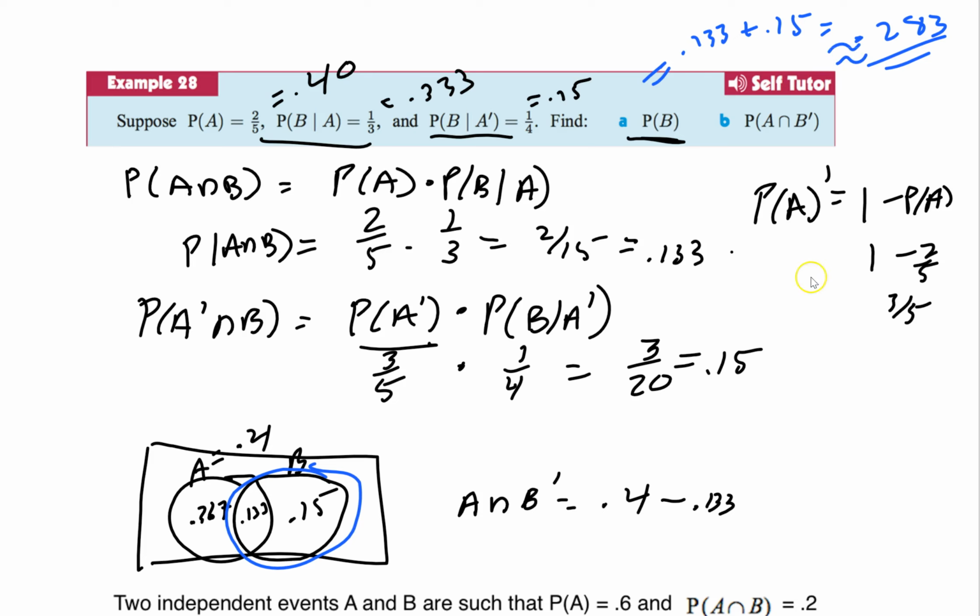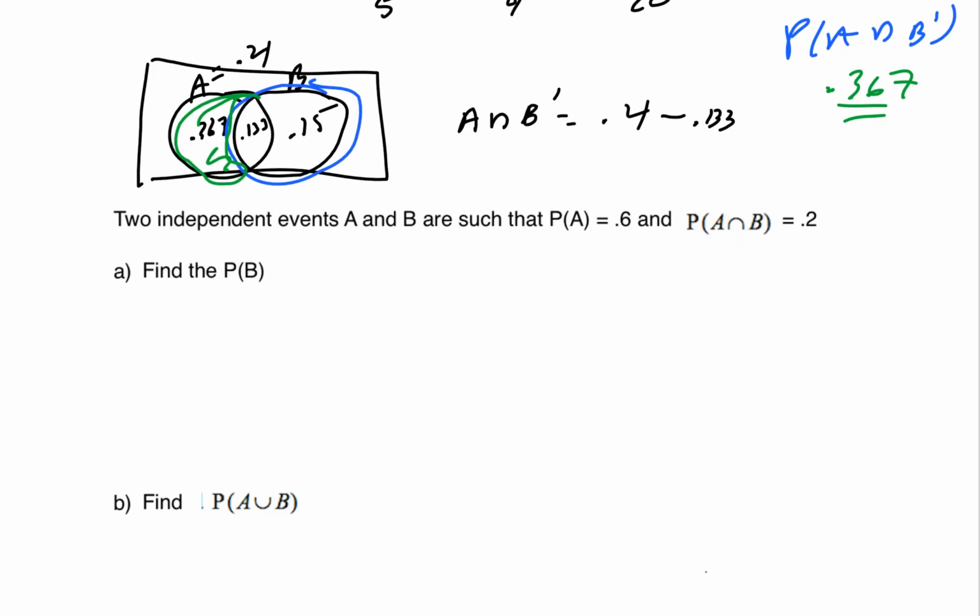And if I want to find out what probability of A intersection B not is, well, I want A but not B. That's this guy right here. That's this little side right there. That's A but not B, so 0.367. And that's how you do that problem. Let's move on to the next example.